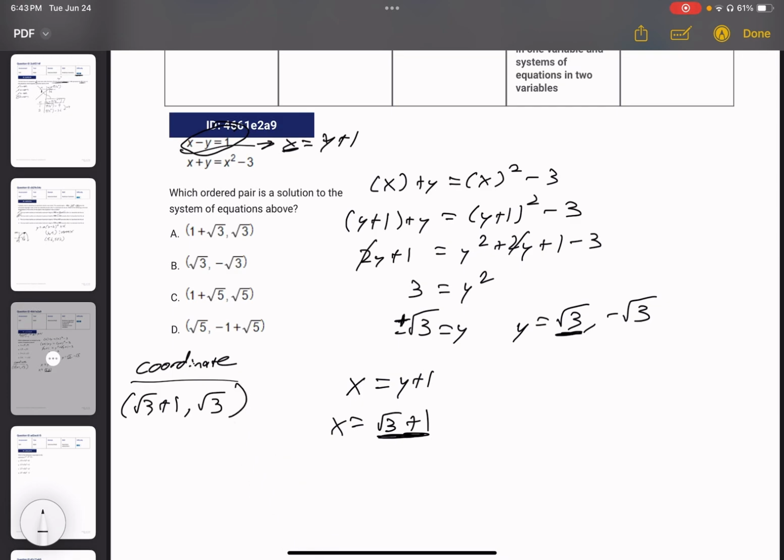And looking at our answers, we can see that that is answer A. We can also do it for the other point over here, where it would be x equals y plus 1, and then x is equal to -square root of 3 plus 1, but we don't have the coordinate -square root of 3 plus 1, comma, -square root of 3. That's not an answer choice. So A is our answer for this question.